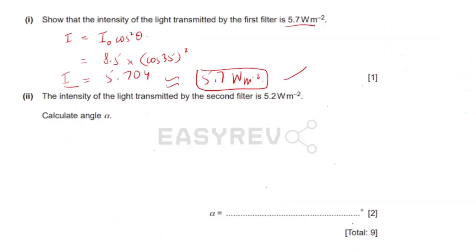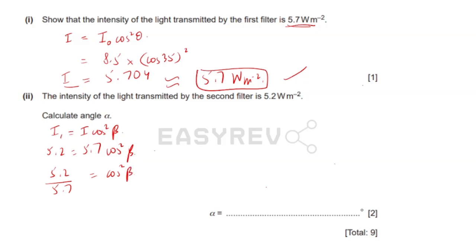So now let's go back here and use that formula first to figure out what beta is. I1 equals I cos square beta, and not alpha. Again, our job is to first find what beta is. I1 is the final outgoing intensity, 5.2. I is the initial ingoing intensity after having passed through the first filter, that's 5.7. Dividing by 5.7 on both sides, I get cos square beta equals 5.2 over 5.7.